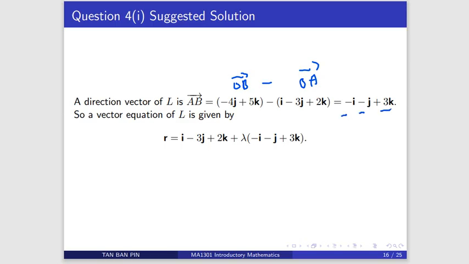So with that, the equation of the line AB, the line L which passes through AB, you can use the point A, then plus lambda vector AB.